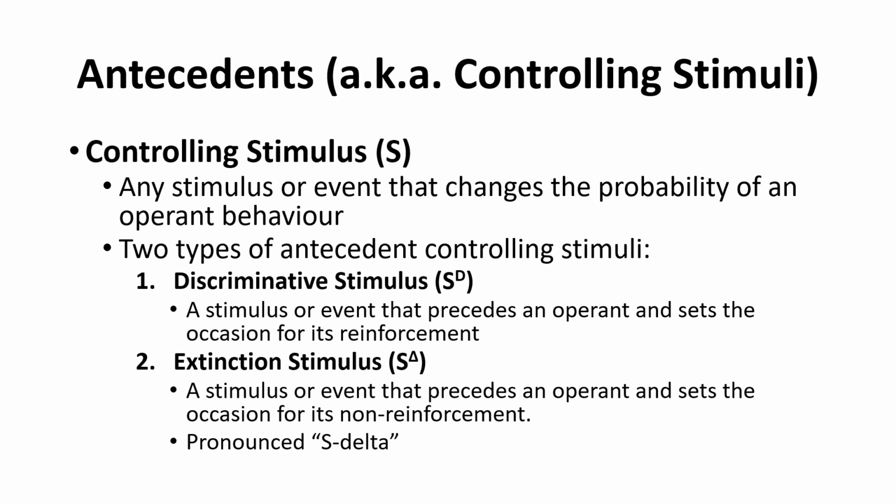Basically, it's the opposite of an SD. So an SD tells us when it's going to be reinforced, and an S delta is anything where it's not reinforced. And this duality here kind of makes sense. Our behaviors don't occur randomly. They occur in very specific circumstances, and they can be reinforced differently based on the circumstances.